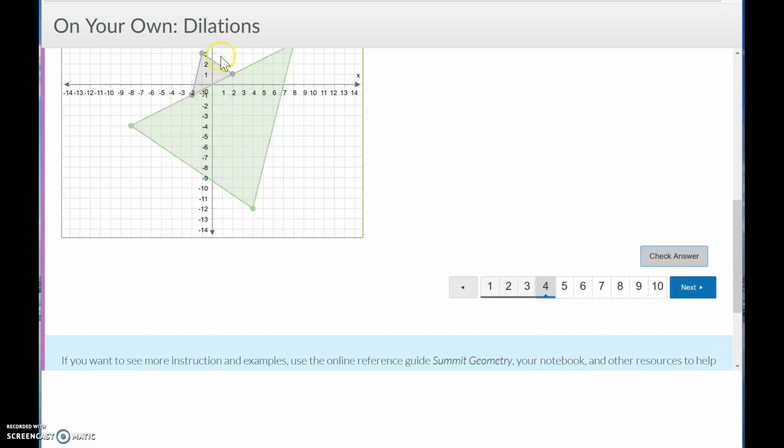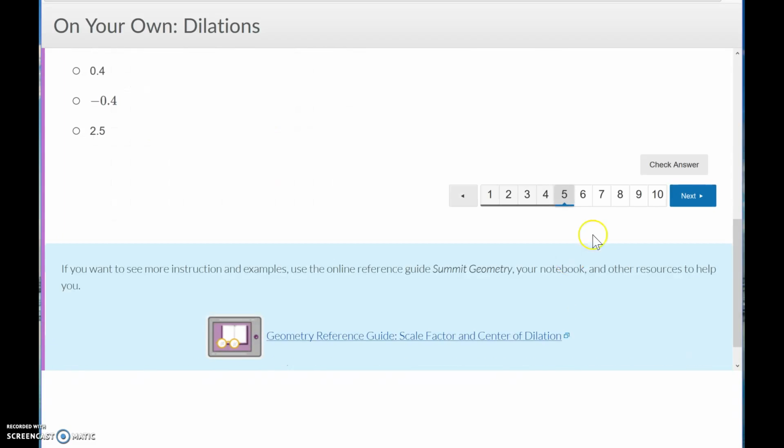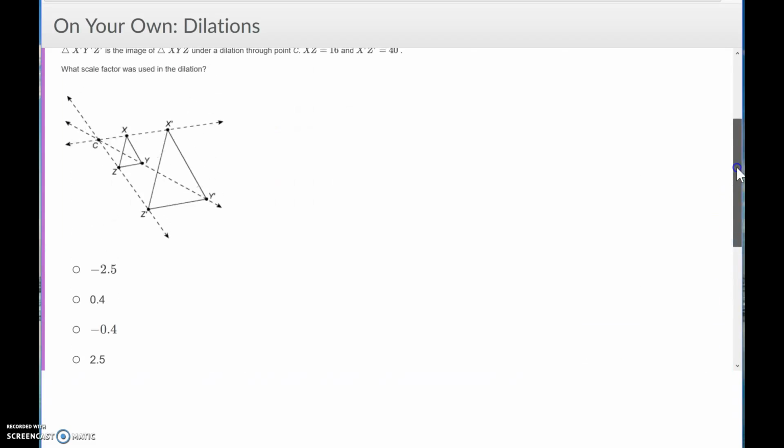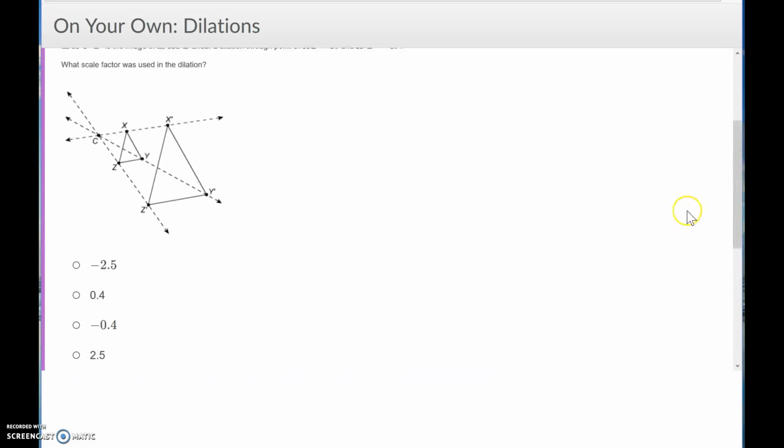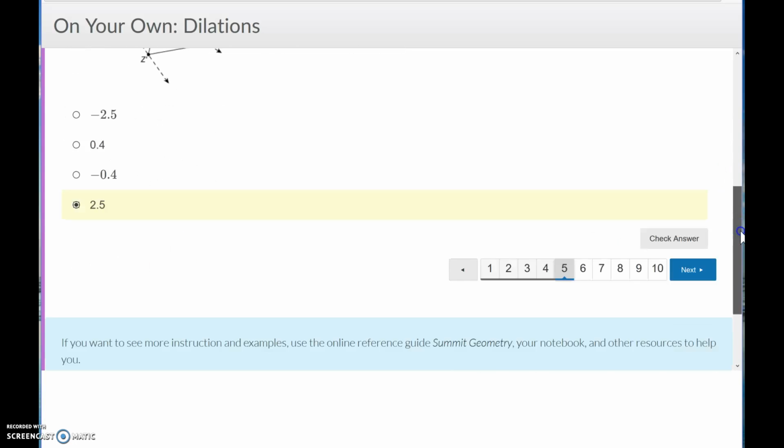Notice how when you multiply by a negative, it flips the image. It not only enlarges or shrinks it, it flips the figure. So here, the figure is not flipped, so we can eliminate these two negative answers. And the pre-image gets bigger, so that means it was multiplied by a whole number larger than 1, so it has to be 2.5.